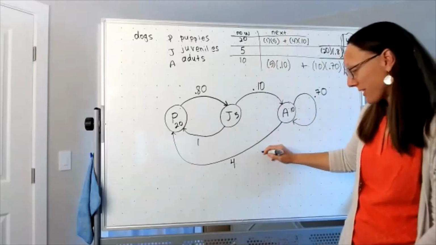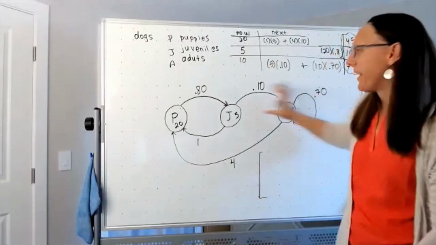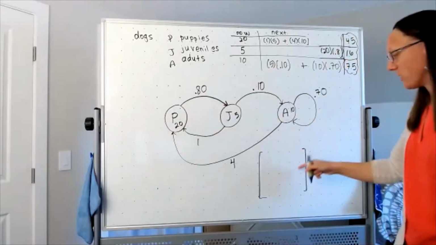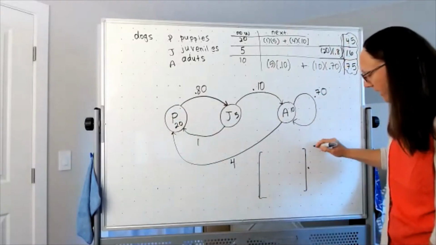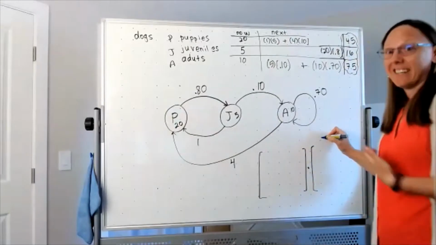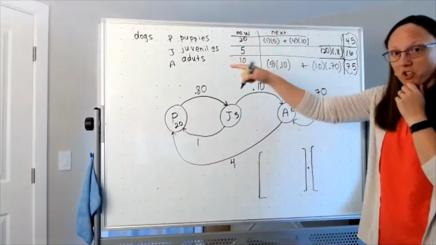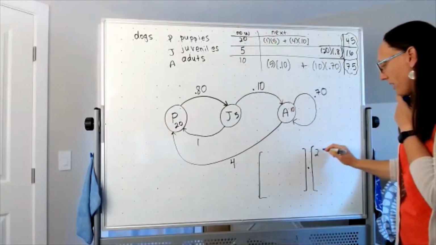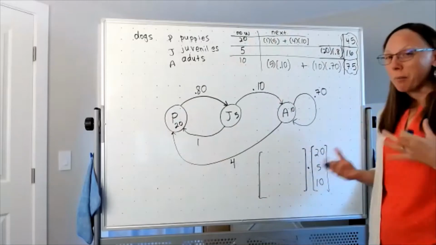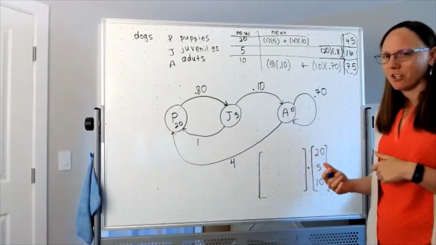So we can represent this matrix diagram by putting it into a matrix and multiplying that by our initial condition of puppies, juveniles, and adults, which for us was 20, 5, and 10.